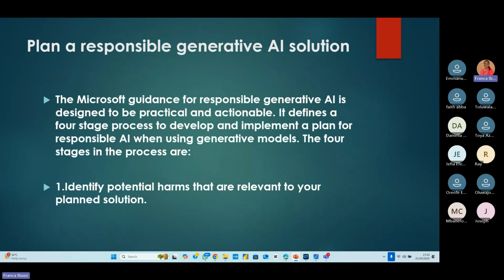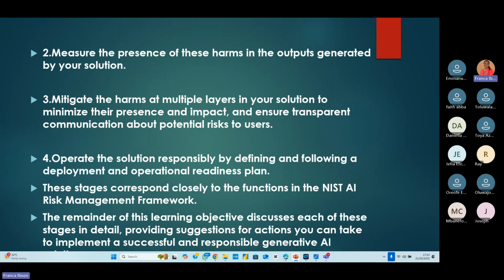The 4 stages in the process are, like I mentioned earlier, to identify potential harms that are relevant to your planned solution; to measure the presence of these harms in the outputs generated by your solution; third, to mitigate the harms at multiple layers in your solution to minimize their presence and impact, and ensure transparent communication about potential risks to users; and the fourth stage is to operate the solution responsibly by defining and following a deployment and operational readiness plan.